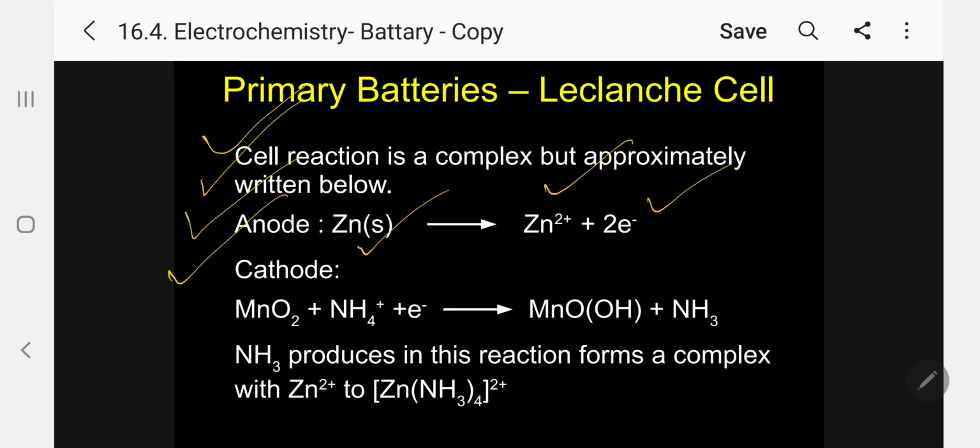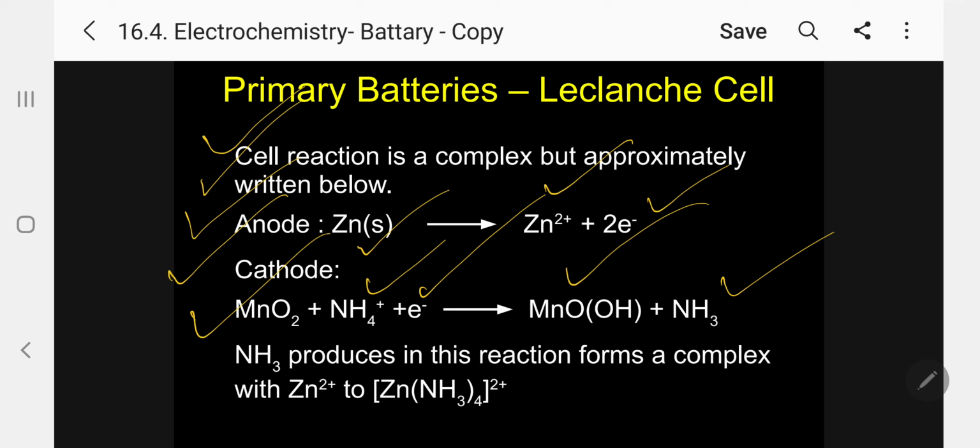At the cathode, MnO2 combines with ammonium ion and an electron. It forms the product MnOOH, and ammonia is liberated.